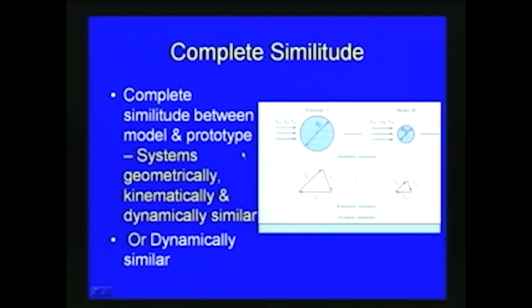Or generally, as we have seen earlier, when dynamic similarity is met, the kinematic as well as geometric similarity are also considered. So, the model which we do in the laboratory with respect to the prototype achieves complete similitude.